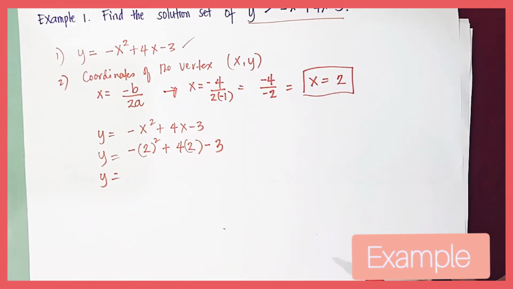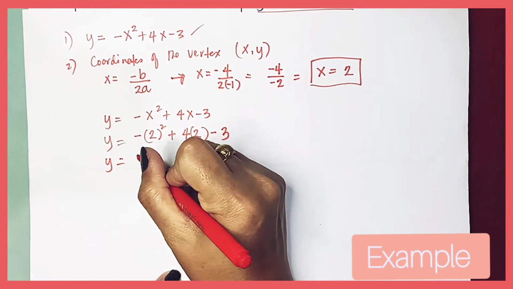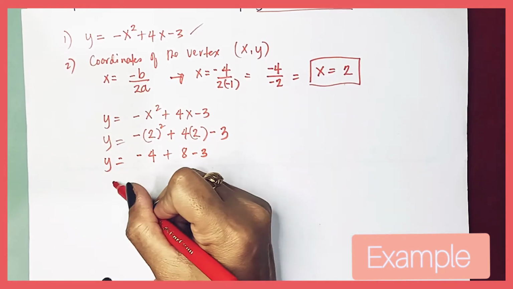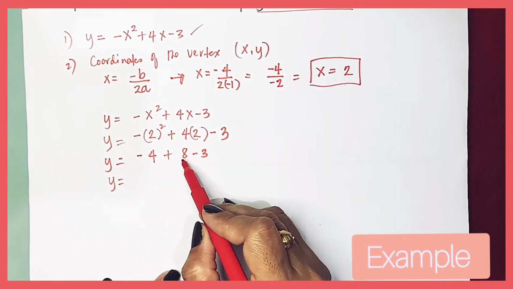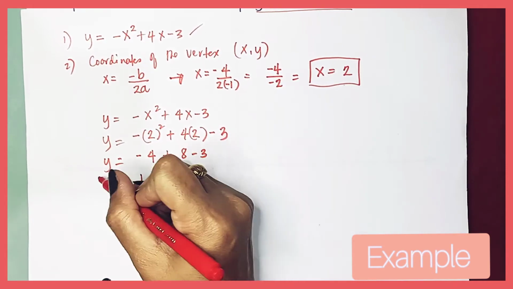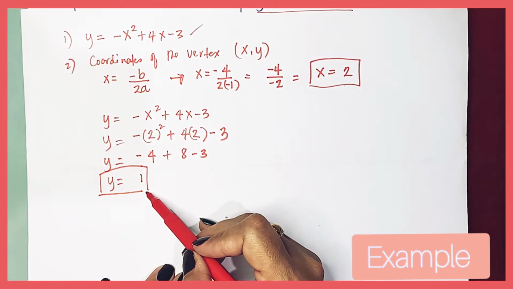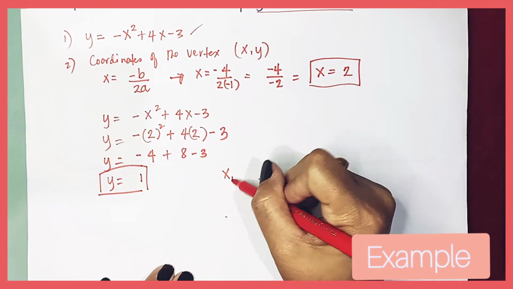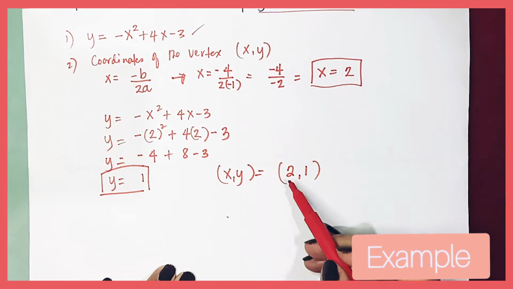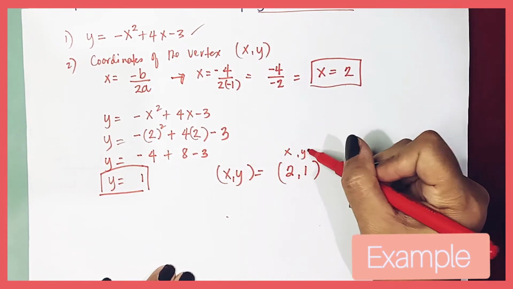Simplifying this, 2 squared is equal to 4, so negative 4 plus 8 minus 3. Y is equal to negative 4 plus 8, which is positive 4, minus 3 is equal to positive 1. So the value of our y is equal to 1. Our coordinates x, y is equal to 2 and 1, where 2 is the value of our x and 1 is the value of our y.